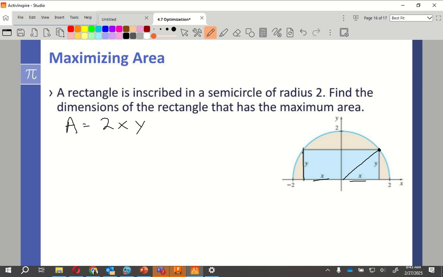So my area, alright, and it's going to be inscribed in the circle. So, is that a whole circle though? It's half a circle. So that means that the half circle is going to be, let's see, my area of the circle is going to be 1/2 pi r squared.